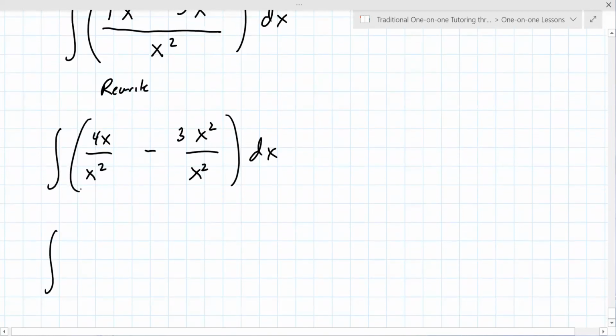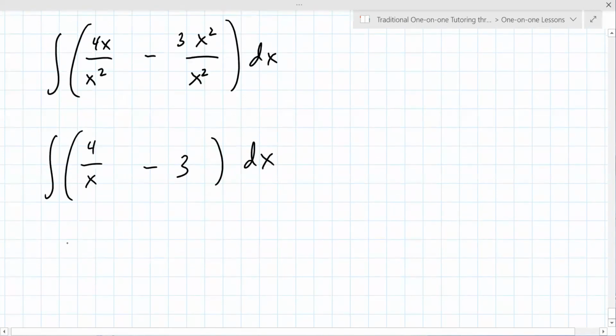The one on the left here simplifies to 4 over x, minus 3 dx. 4 over x, then natural log of absolute value of x, minus, what does this become? Minus x, minus 3x, plus c.